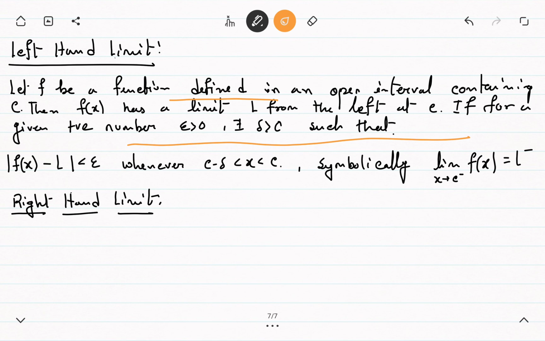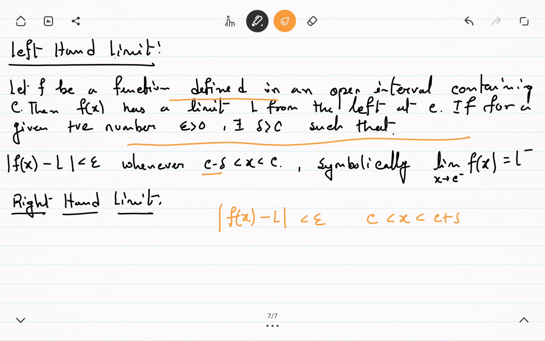So we'll take the right hand limit. Here we had c minus delta, so instead of that we'll write c plus delta. So f(x) will be evaluated following the condition that c is less than x less than c plus delta, as it is the right hand side.